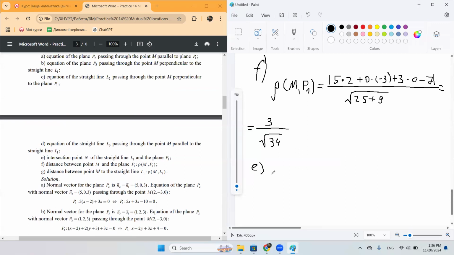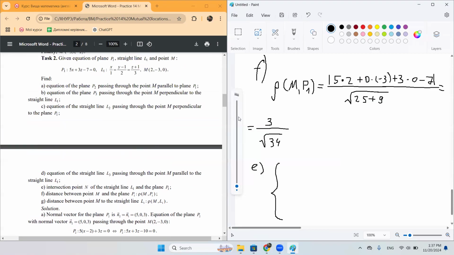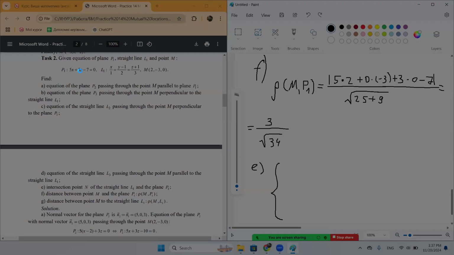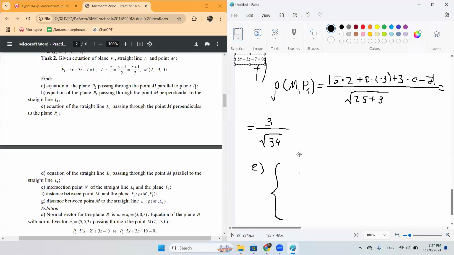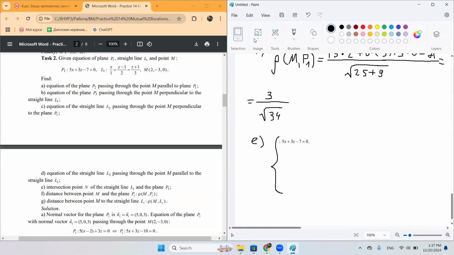So find an intersection point N of the straight line L1 and plane P2. So doing the same that we did before in the previous task, for more practice. So x equals t.